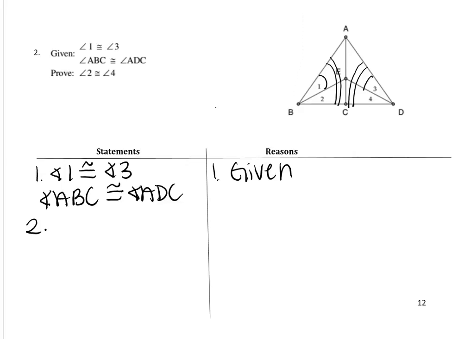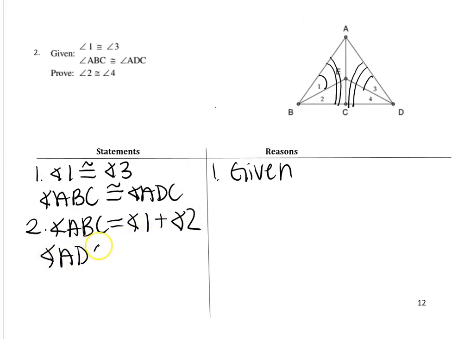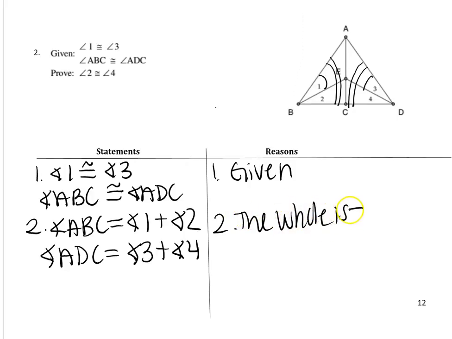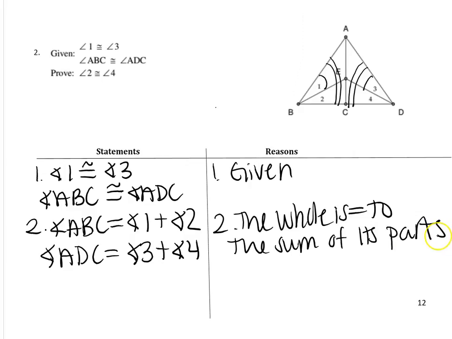Okay, so let's first talk about what ABC, the whole angles, are made up of. So angle ABC is made up of 1 and 2. ADC is made up of 3 and 4. And that's just the whole is equal to the sum of its parts.